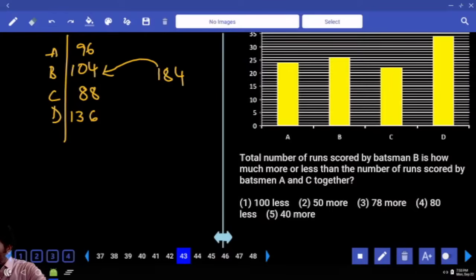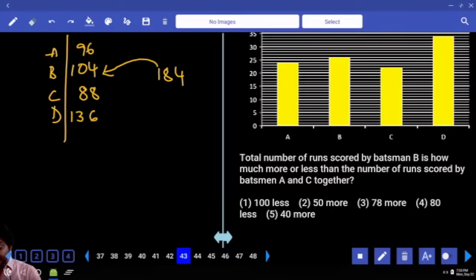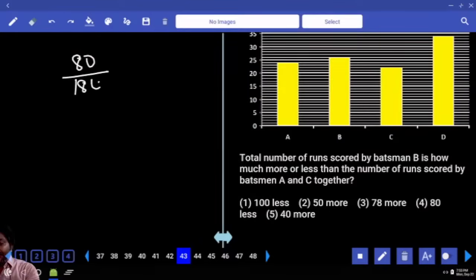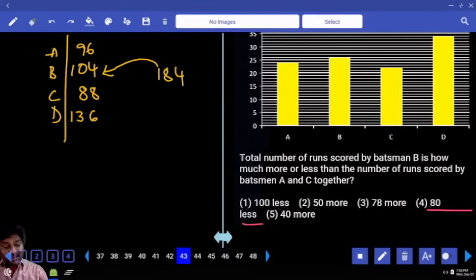Is it more or less? It is definitely less. How much less? 80 less from which number? 184. Percentage into 100. They asked for the number of runs, it is not about the percentage, it is directly about the number.